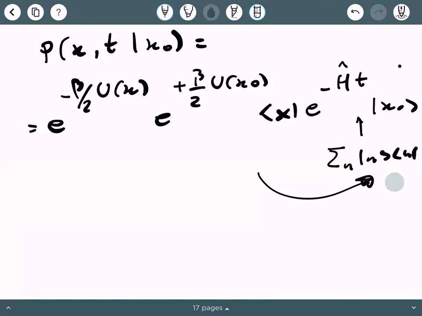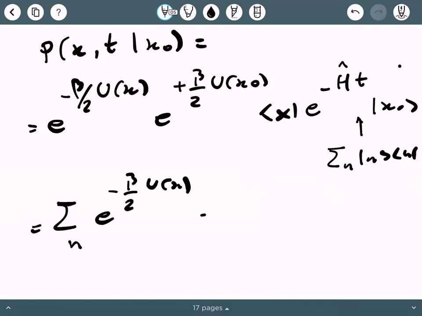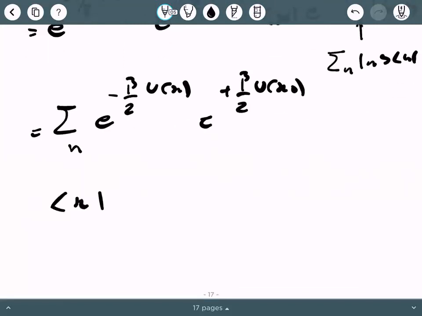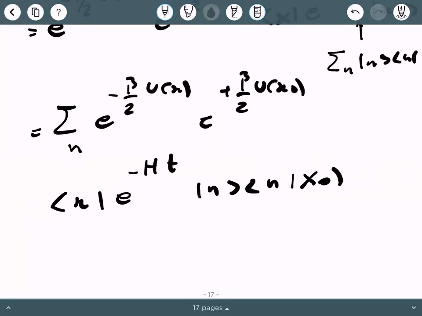So I can write this in the following form. And this is X. I get my nice e to the minus Ht. And now here I get the eigenstates of the Hamiltonian. Now this is the wave function of the nth state in X naught.